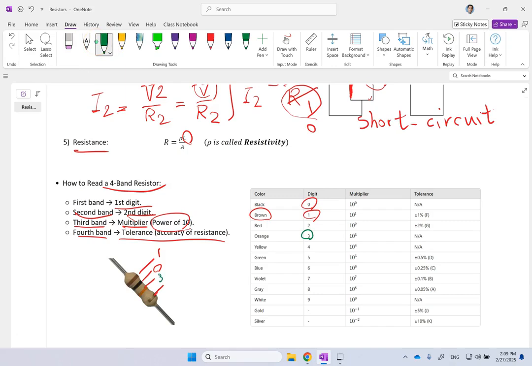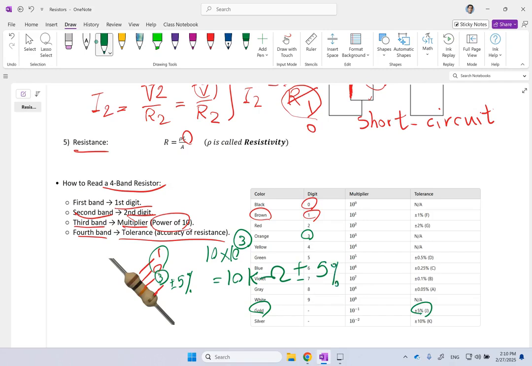And then yellow, gold, sorry. Gold means plus minus 5%. So what is this resistance? It's 10 times 10 to the 3, which is 10K. So that's a 10K resistor plus minus 5%.